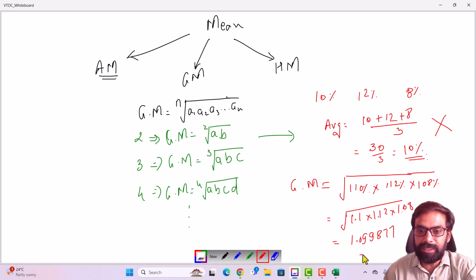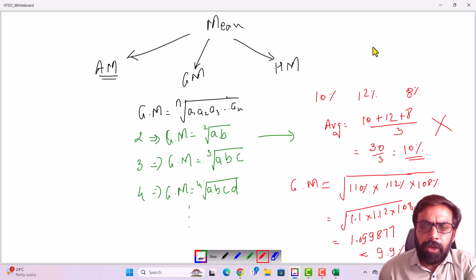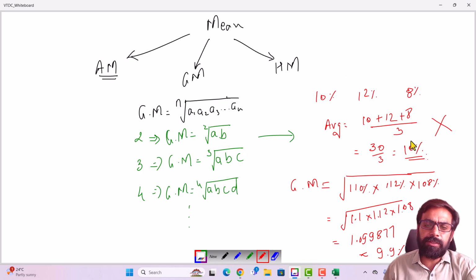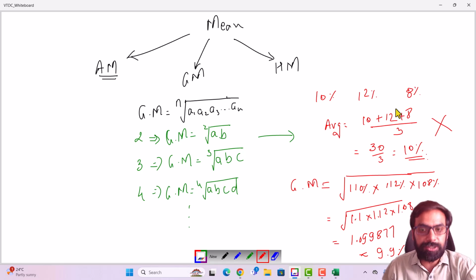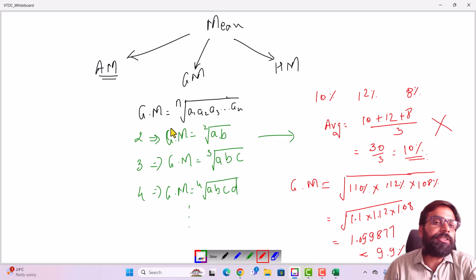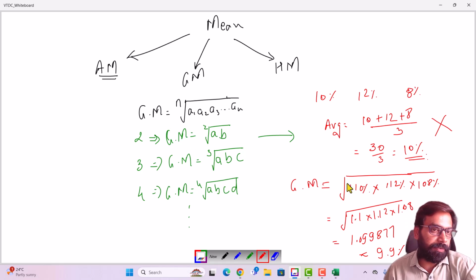So I can say that the rate was not exactly 10%, it was close to 9.9%. Now, as the numbers were very close to each other, my approximated average and the real geometric mean average come out to be quite close to each other. But if I make it like 10%, 23%, and 42%, the difference will be significant. Okay, that's geometric mean. That's the application of geometric mean.